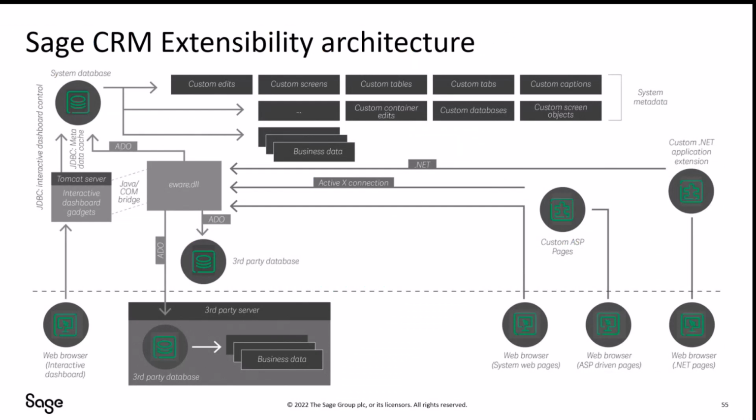So this is all this extensibility architecture, and the area that I'm highlighting now is what we've been looking at, the third-party database being able to be modeled with metadata in order to extract the information.